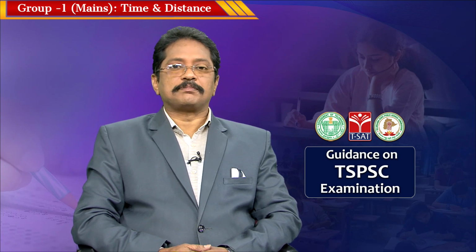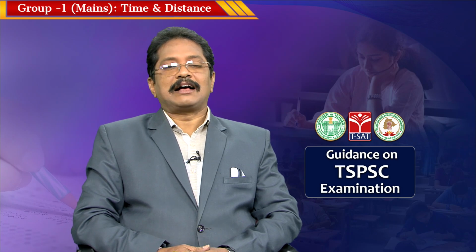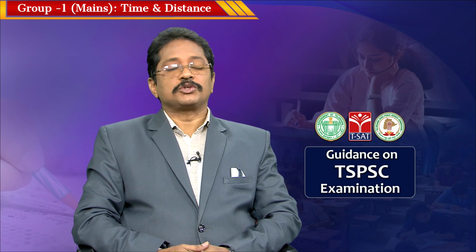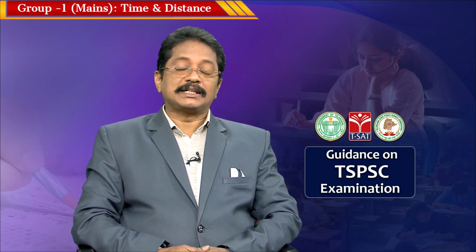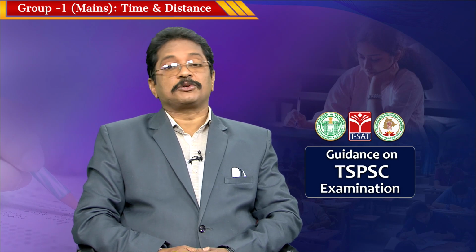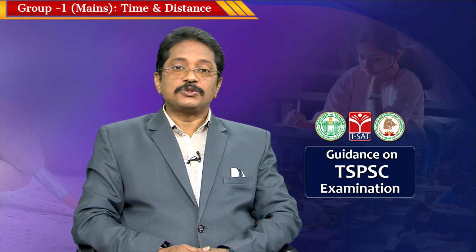But when you see the previous papers, according to the nature of the questions and the content, sometimes each question in Section 3 carries 10 marks, but sometimes each question carries 5 sub-questions and each sub-question carries 2 marks, 5 twos are 10.